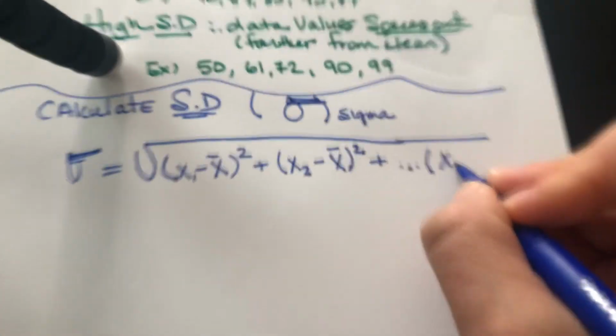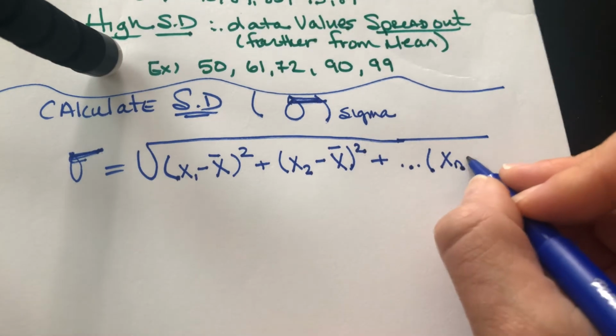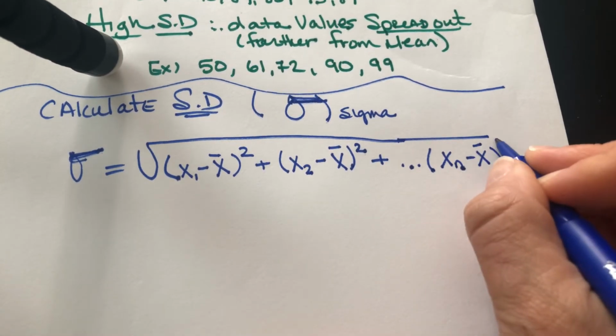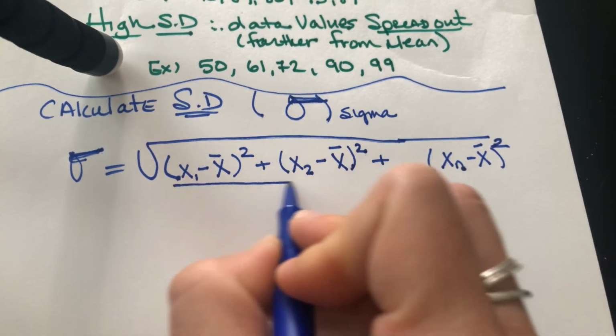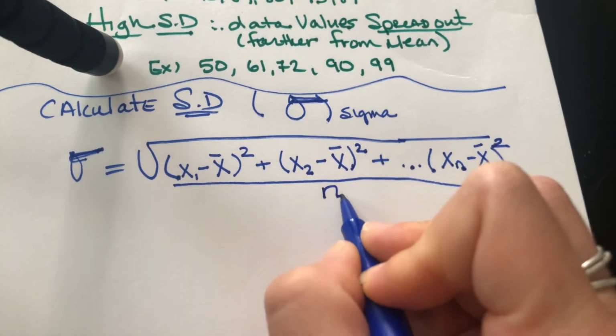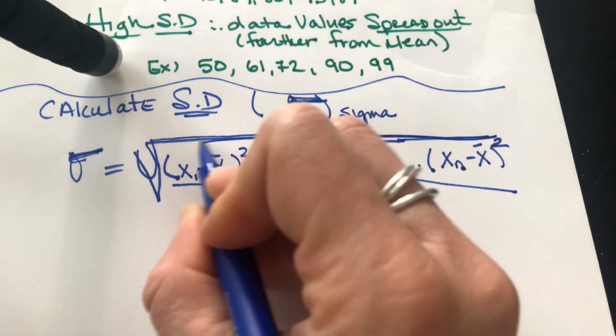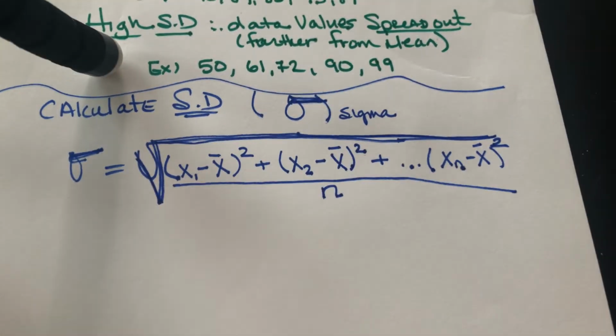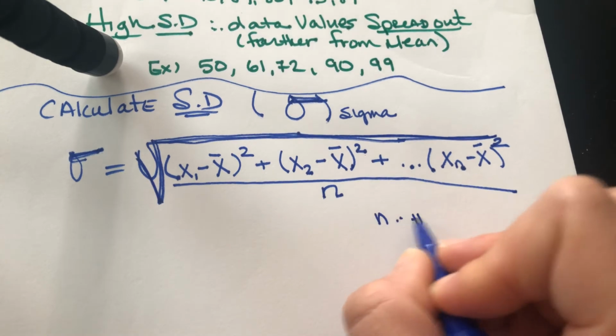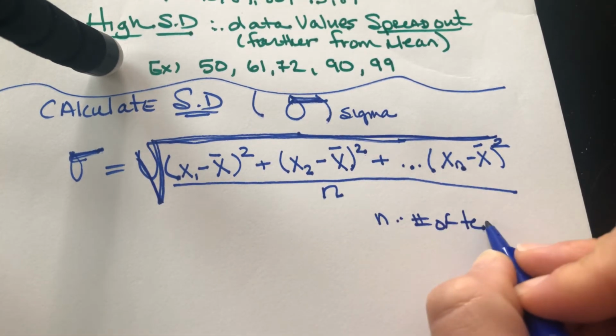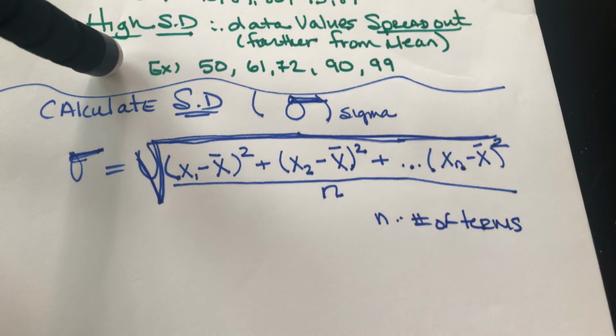So we'll say data value, we don't know, however many you have, minus my average squared, and then you're going to divide that by, again, the number of values, and then you're square rooting that whole answer. And again, n is the number of values, n number of terms. I know it looks a lot more complicated than it is. I'm going to show it to you in the column with all the numbers, to make your life a little bit easier.